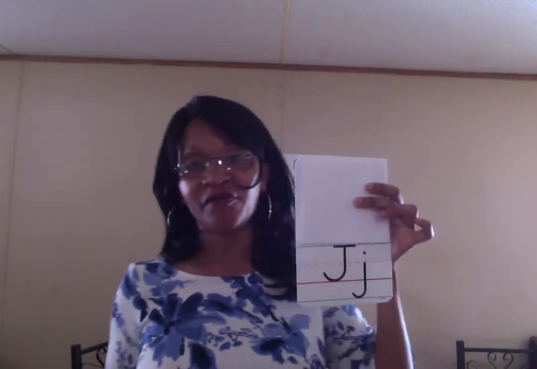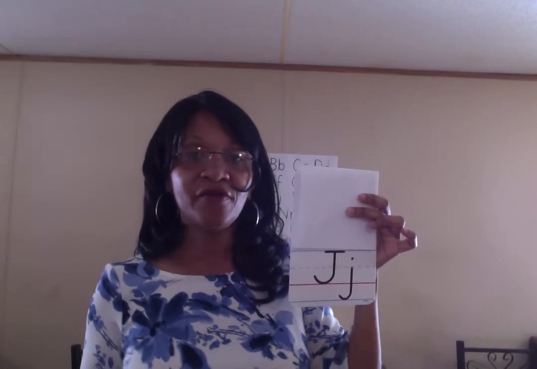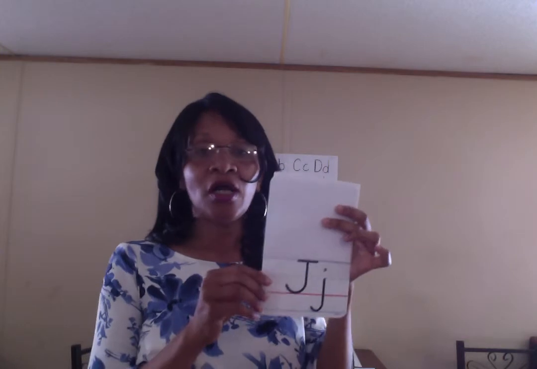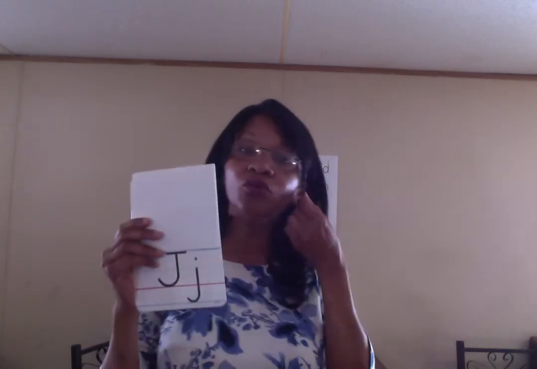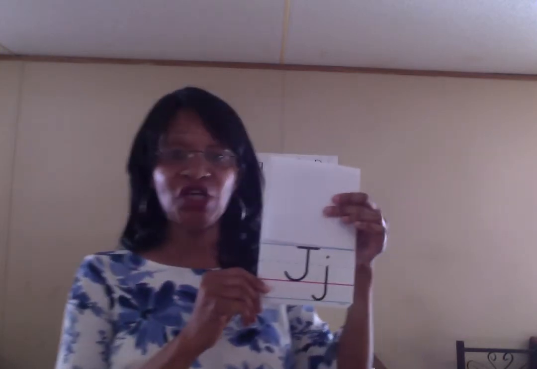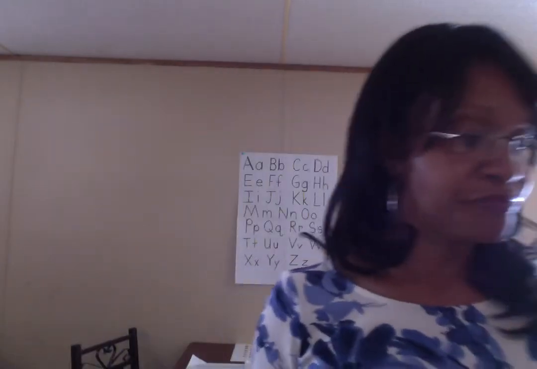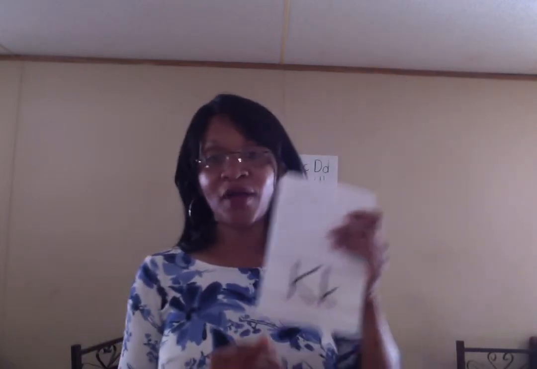And what about this alphabet? This alphabet is J. And the sound that J makes is J. And a word would be jam or jelly. And here's a picture of jam. And what about this alphabet?